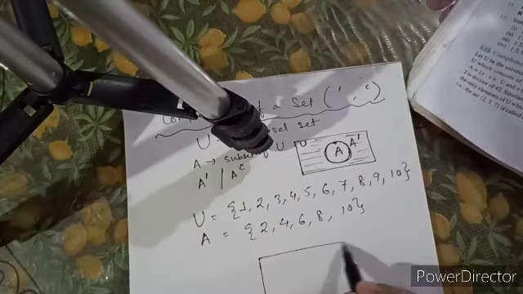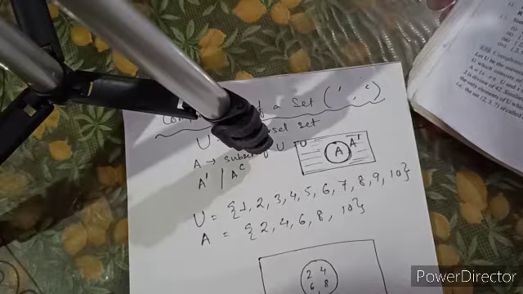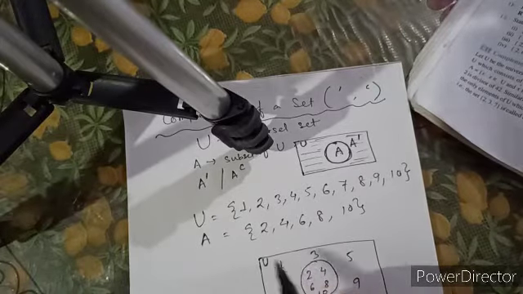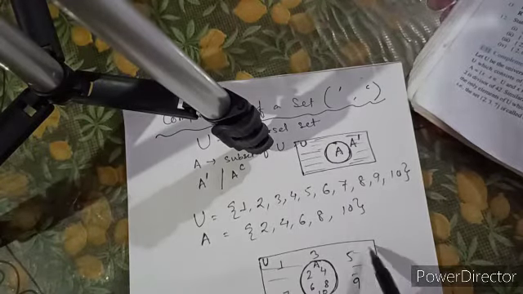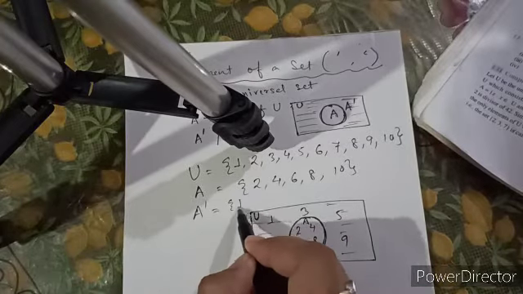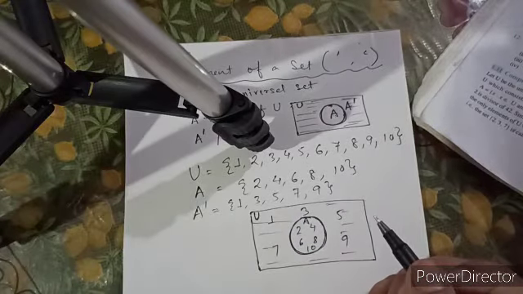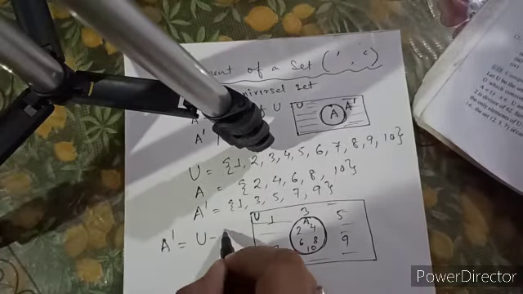How will it look? 2 4 6 8 and 10, and the remaining will be outside this set A. That means this set is your set A, and the numbers outside the set A will be known as the complement, that is 1 3 5 7 and 9. So this is the concept of complement of a set, which can be written as U minus A.